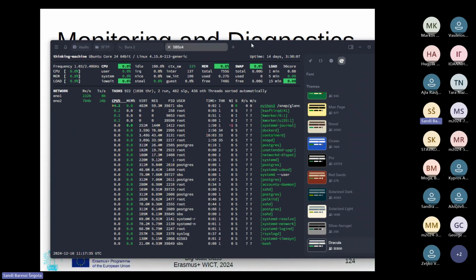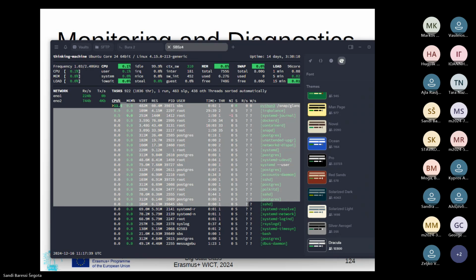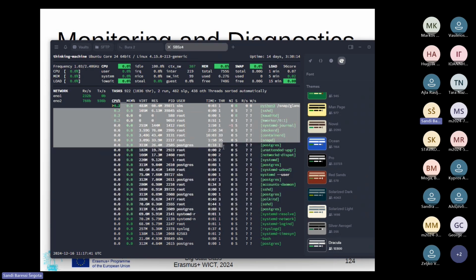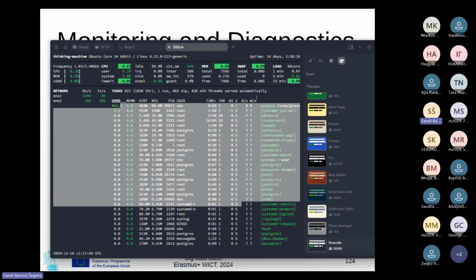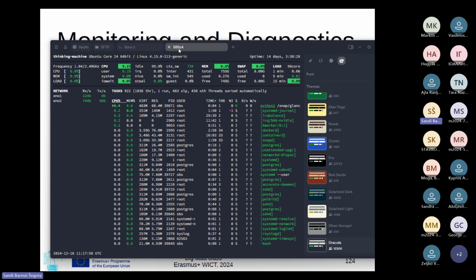I connected to the wrong server, but essentially this shows stuff that is running on my server. It can show you the GPUs as well. I connected with the wrong user, one that doesn't have permission to check it.